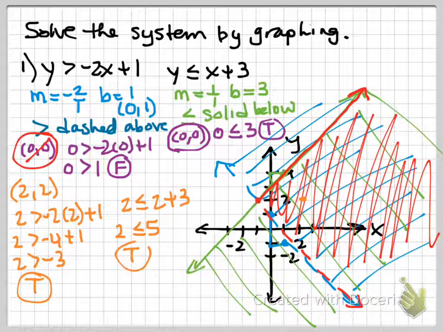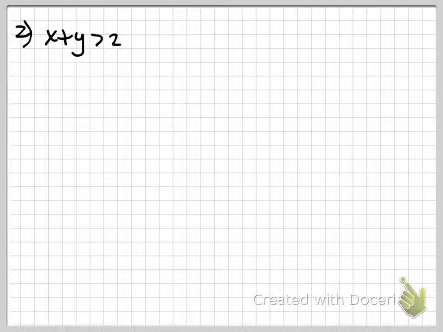All right, let's do one more real quick. This one, you're going to have to work a little bit more. So let's have x plus y is greater than 2, and negative 4x plus 2y is less than 8. So the problem here is, what's the problem?